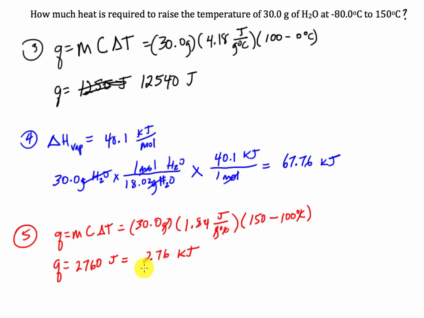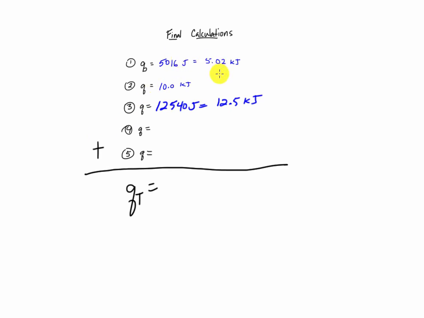Alright, so now I can come back and get rid of this. I've got my final 3 calculations. I'm going to come back to my overall calculation sheet, summing up each of the 5 parts. So this is going to be 67.8, I believe, if you do the right significant figures, and then this is going to be 2.76 kilojoules.